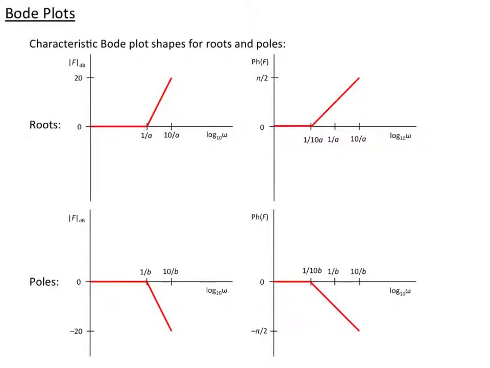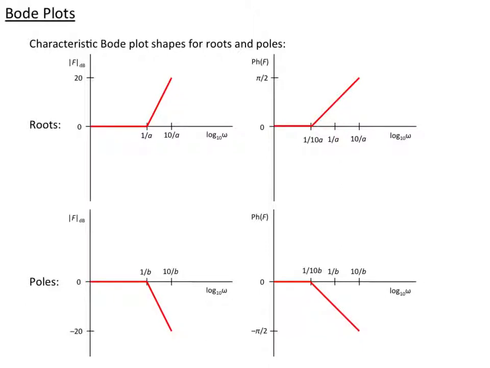Here's 1 decade. So I add a kink going up. And my phase started at 0, by definition, in this case. And then because I have a root at 1 over A, I make my change in pi over 2 from 1/10 to 10. And I go up. So whatever I started with, I had a kink going up like this, and a phase change going up like that at 1 over A.